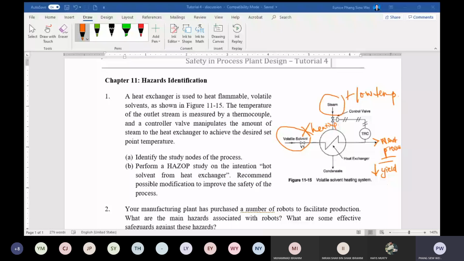Because if I want steam at 100 degrees Celsius, and now I only have water coming in at 50 degrees Celsius, and I say there's no significant impact, it means I actually don't need the 100 degrees Celsius. Then why do I run a pipe that is at 100 degrees Celsius?